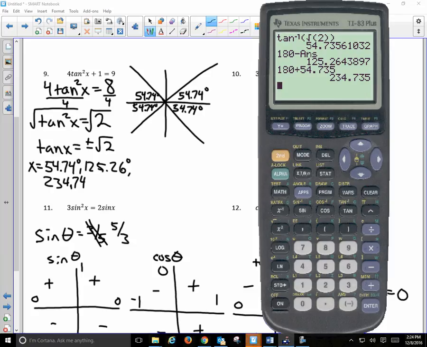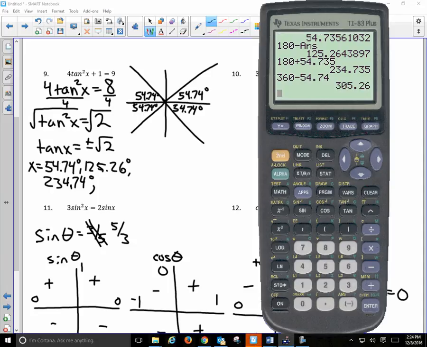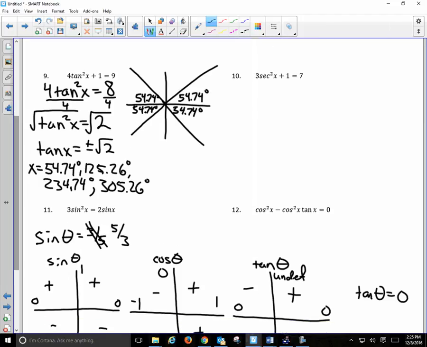And then I would do 360 minus that, and I get 305.26 degrees. So those are my 4 solutions. Any questions on that example?